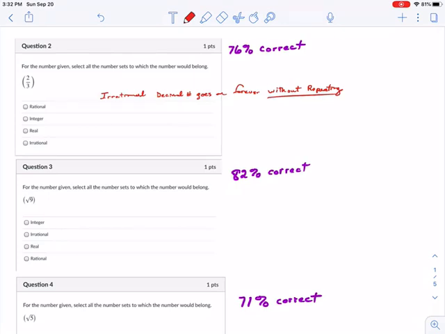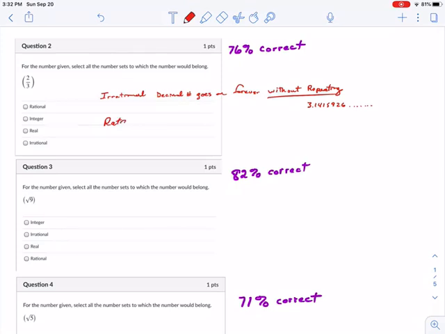So when I say without repeating, I mean like pi is 3.1415926, and there's no repeating pattern.